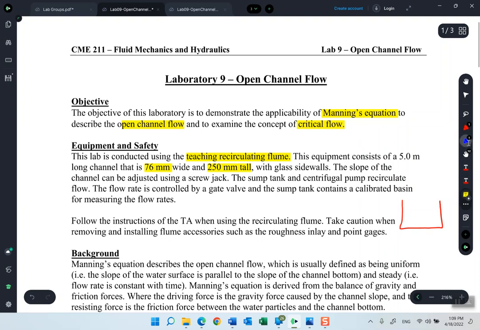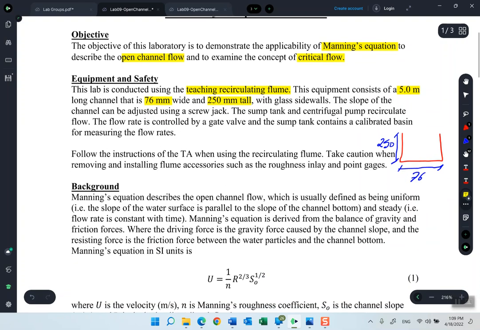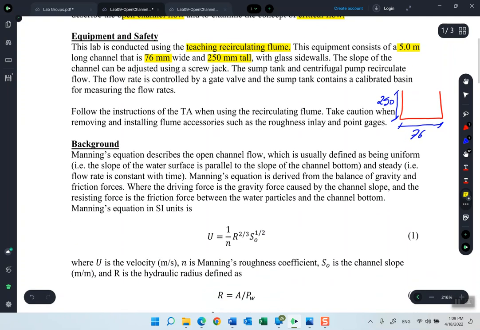So this is the overall dimensions. And the length of this channel is 5 meters. Great, so there is nothing more than that I said here. The slope can be adjusted using the screw, and it is also listing the tank and the pump.